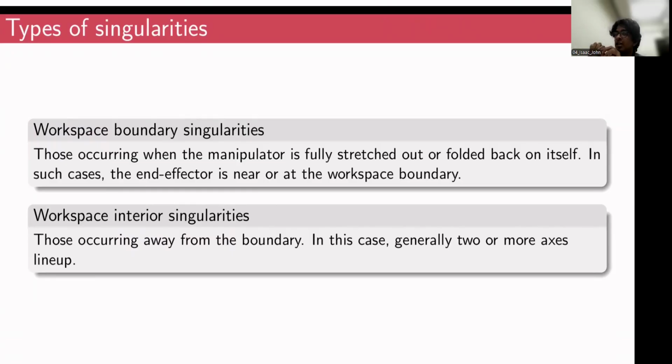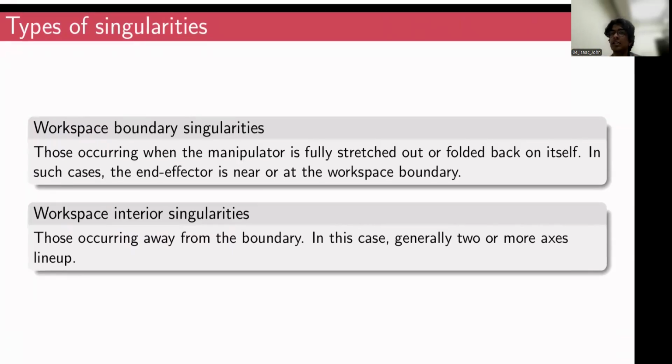Or if 2 revolute joints are collinear, they'll also cause the same motion. So dependence on the constraints will cause the Jacobian matrix to be singular, and that is how you detect singular points. If a Jacobian matrix is near singular, that means the robot is actually near a singularity. So it's better to avoid motions or tasks that are very close to singular configurations.